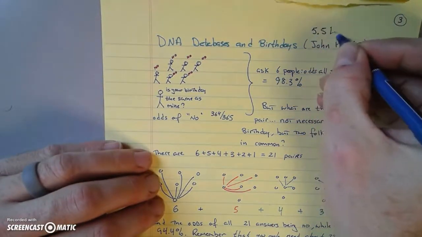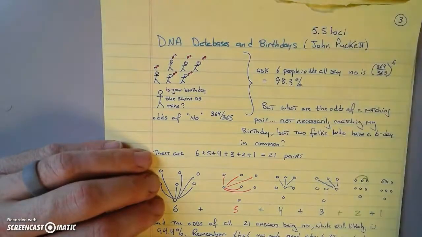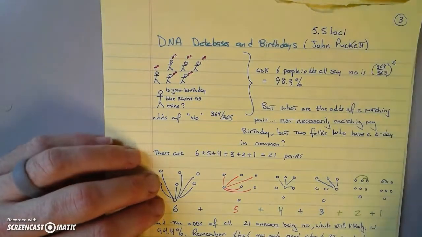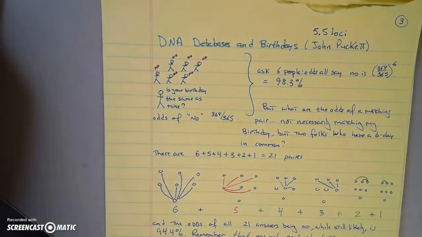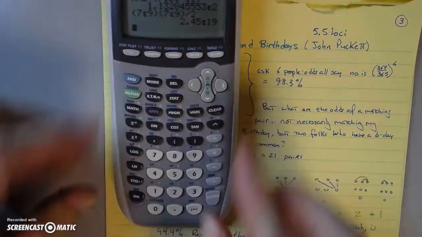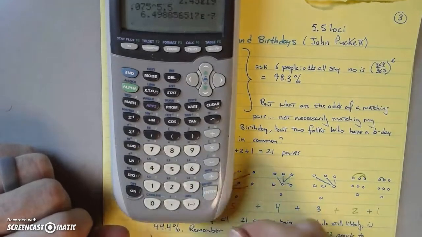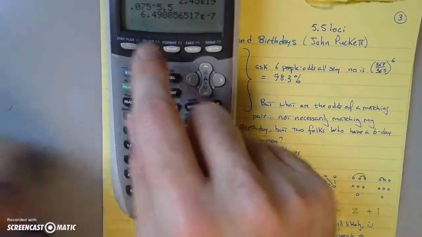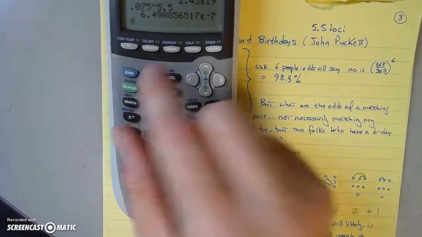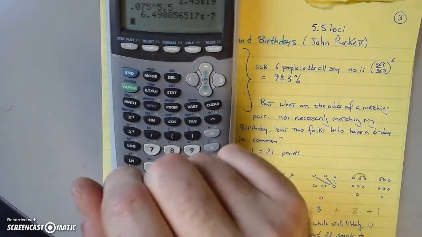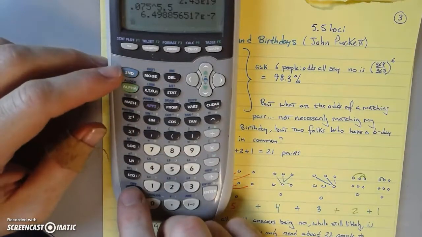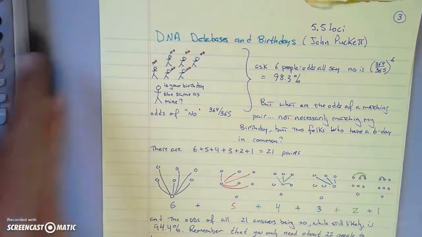It was 5.5 loci, so not a complete profile by modern standards. But the odds of a match are still pretty slim. If you take 0.075 raised to the 5.5, this is right, so like 1 in a million, 1 in 10 million. So not super likely.